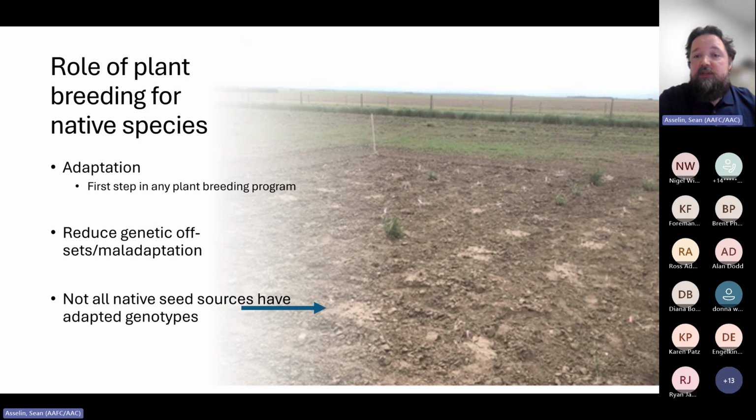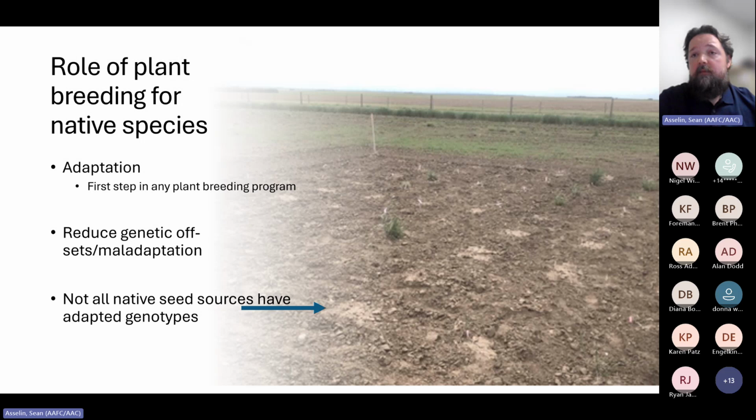Just because a species is native to Canada doesn't necessarily mean that the genetics within that population are actually adapted to the growing region, because we do see variation within species across their distributional ranges. So a big role that plant breeding takes in the development of native seed stock is actually determining if different genotypes, different populations of native plants are actually adapted to the growing region.